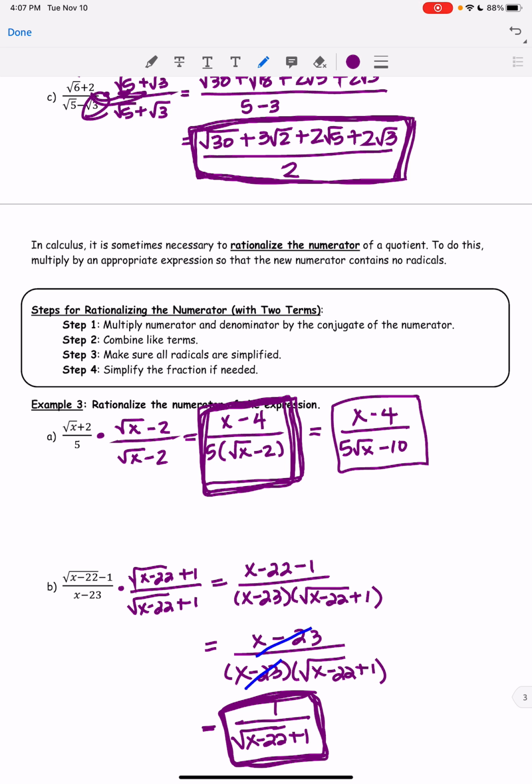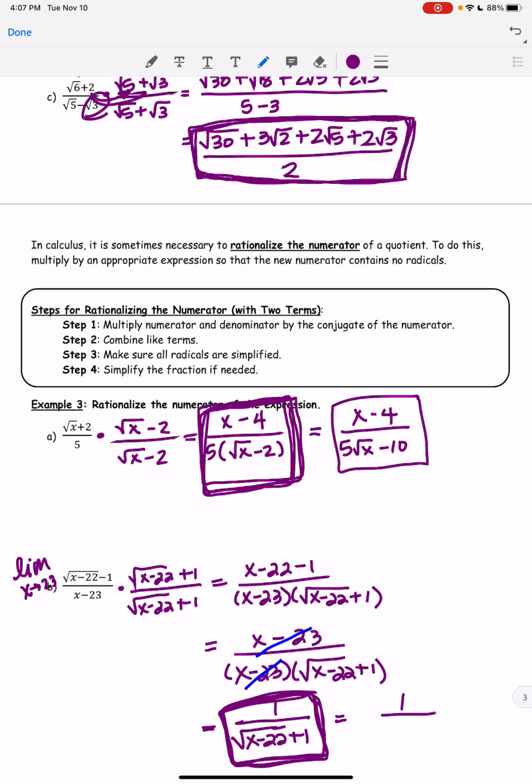And so going back to what I said originally, if this problem was to find the limit as x goes to 23, well, I couldn't plug it into here because we start dividing by 0, but now I can put that into here.